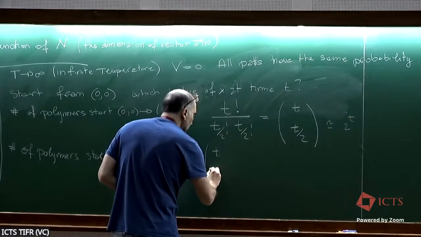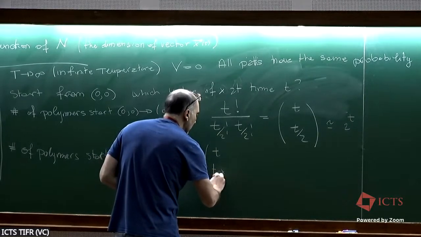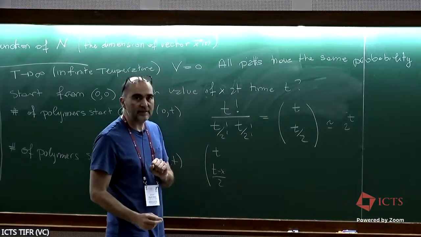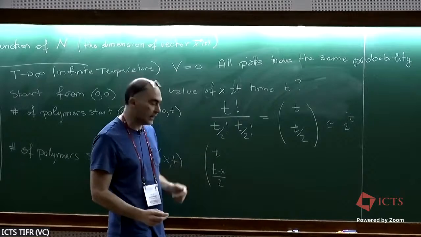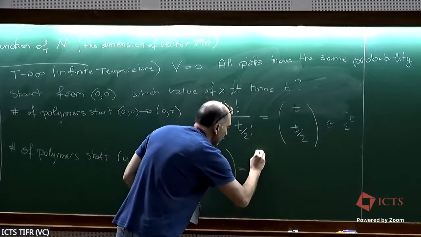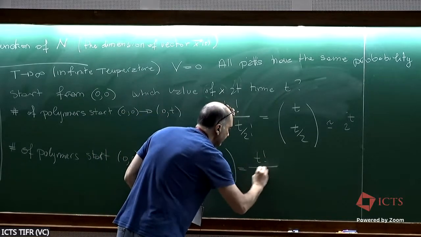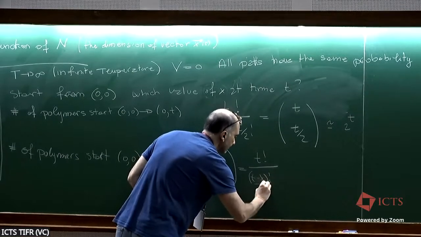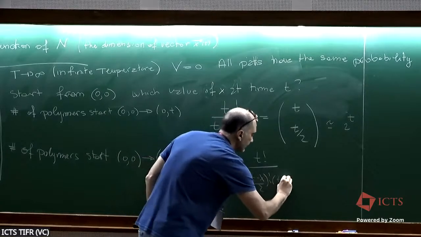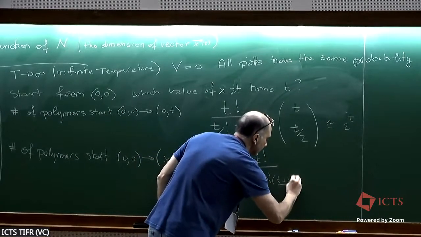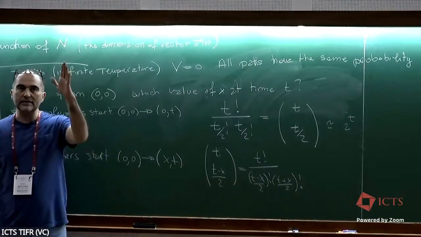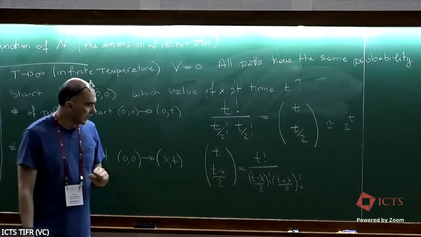So it will be t minus x over 2 for the minus steps, and t plus x over 2 for the plus steps. This is the number of paths that end up in x, okay?